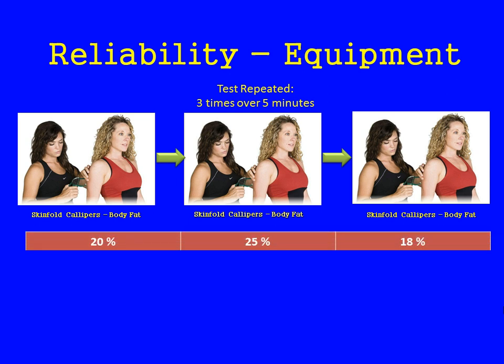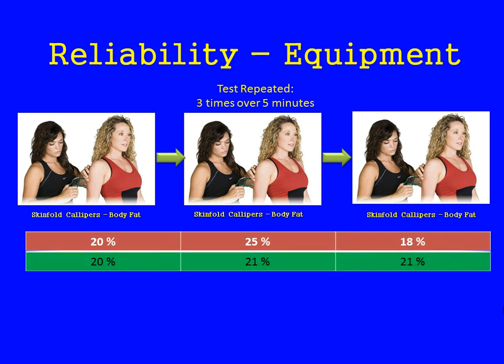So in theory, we should get the same body fat score each time. However, these are the body fat scores that we got from the experiment. And you can see here that body fat is really quite variable, and this would be considered an unreliable piece of equipment. Because even though the body fat score of that person in theory has not changed, the piece of equipment is saying that it is different. So it's very inconsistent and therefore very unreliable.